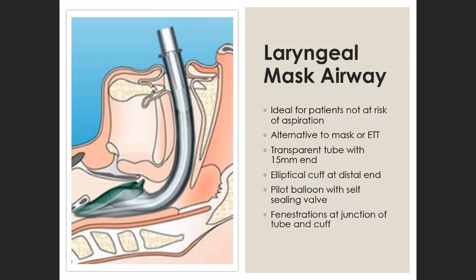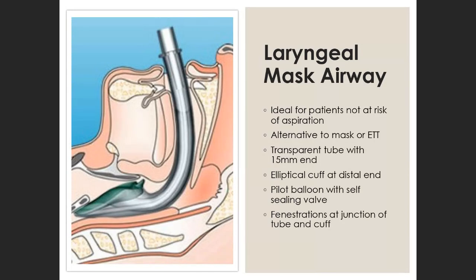All right, so we'll go on to the laryngeal mask airway. The laryngeal mask airway comes from a group of airways that's called supraglottic airways. Sometimes you'll see them written as SGA.